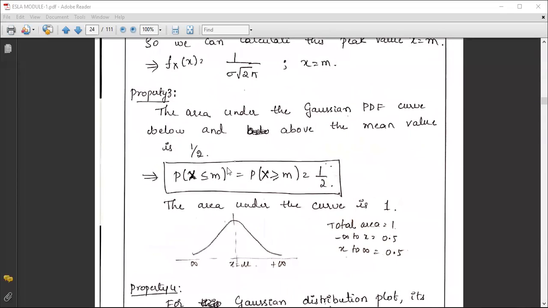Therefore, the property says below and above the mean value is 1 by 2. Probability of x less than or equal to m is equal to probability of x greater than or equal to m, which is 1 by 2.